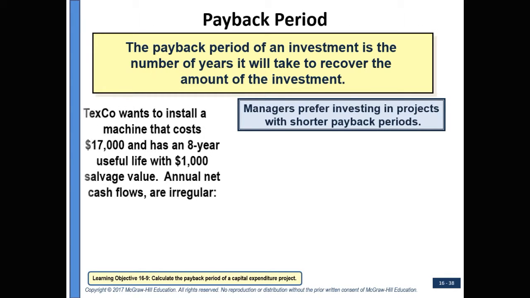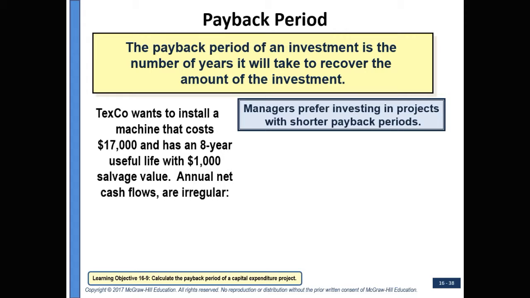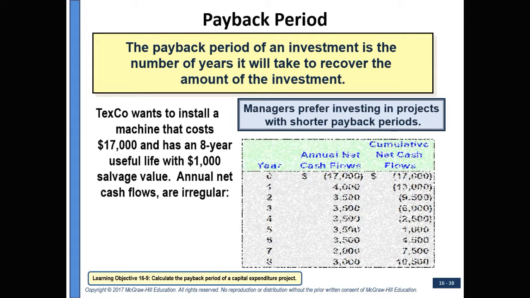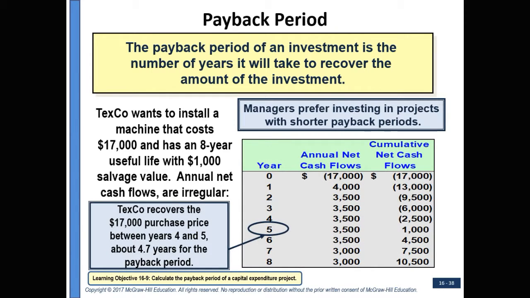This makes common sense. For example, Texaco wants to install a machine that costs $17,000 and has an 8-year useful life with a $1,000 salvage value at the end of its life. Annual net cash flows, including salvage value, are irregular over an 8-year period.